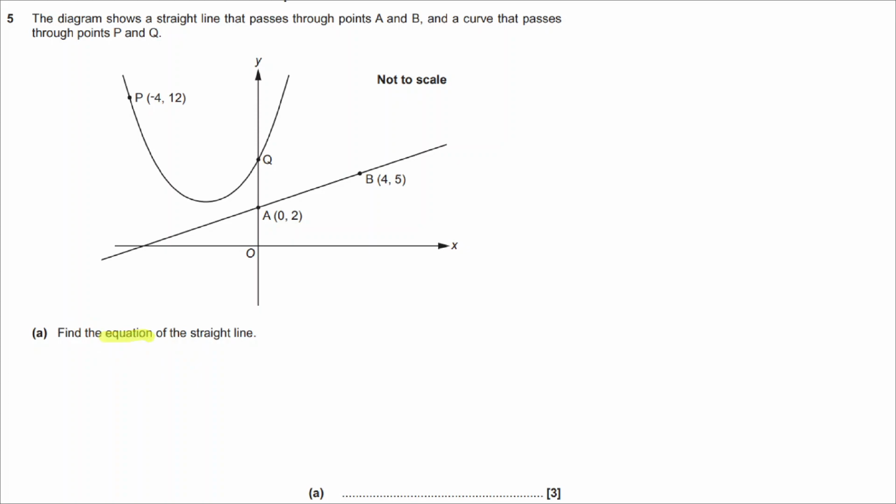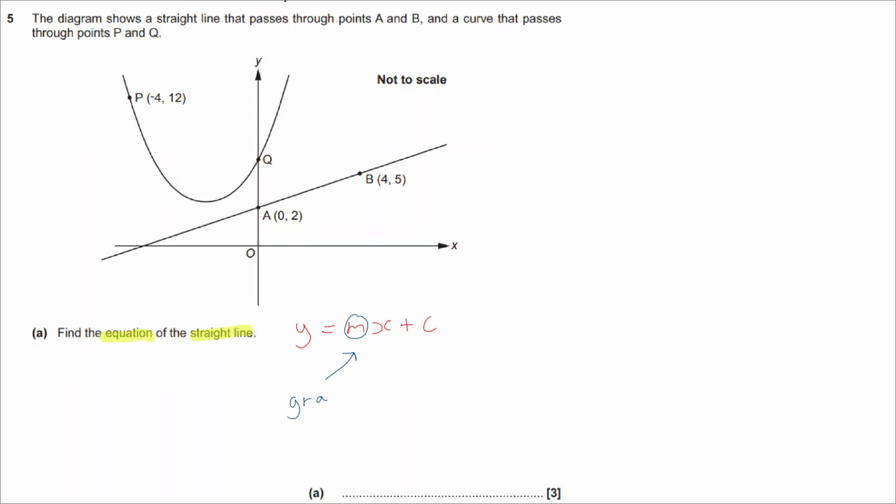Okay, so equation of a straight line, which is this point over here. The equation of a straight line is, of course, in the form y is equal to mx plus c, where, just to make it really clear, the m part is the gradient of your line.